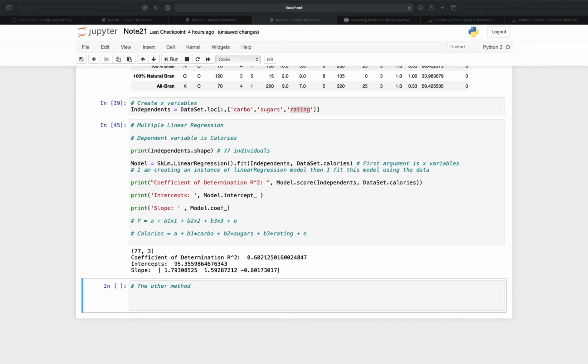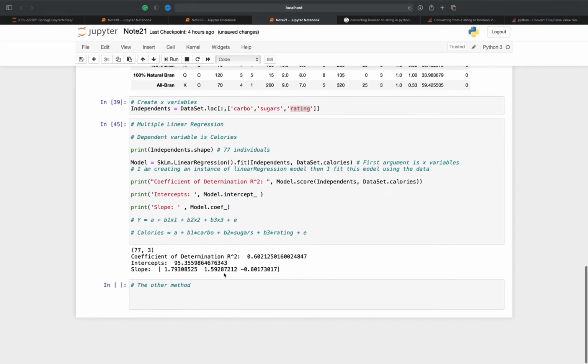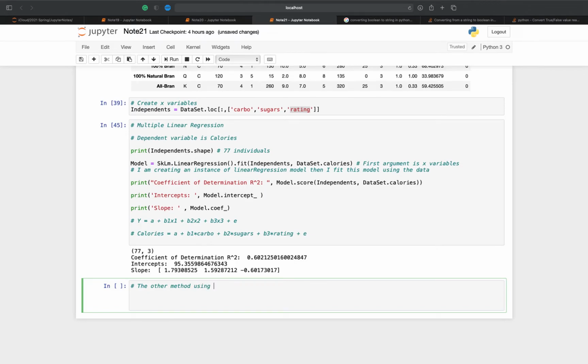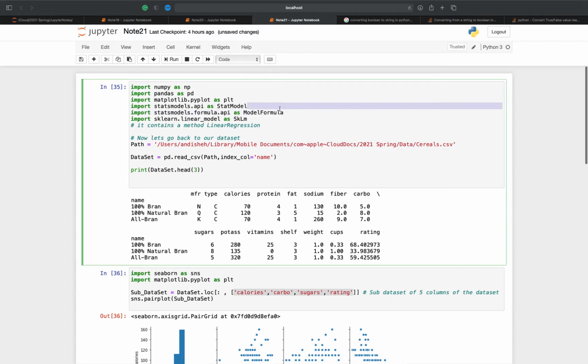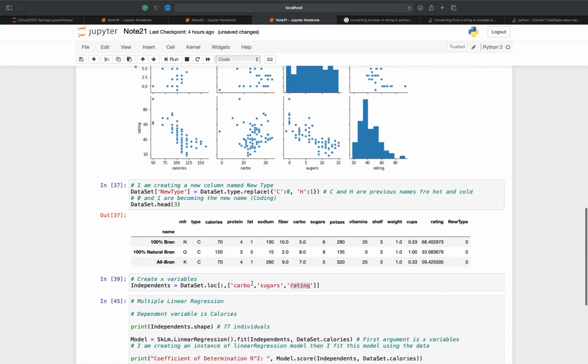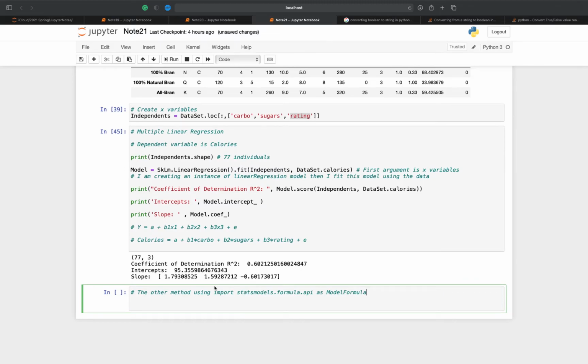We are going to use model formula. Where is that? This one. We are going to use this. Well, if I put this here, you will remember it.